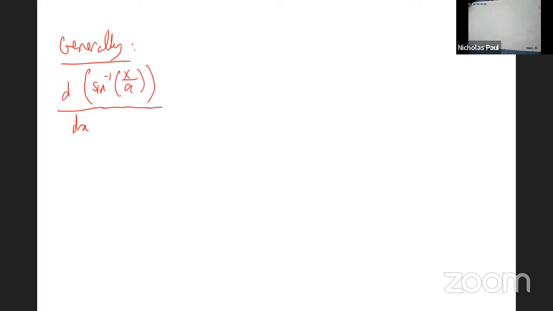All right, so the last thing that we just have to generally note. Generally, we need to know that the differential of sine inverse x on a is equal to 1 over the square root of a squared minus x squared.